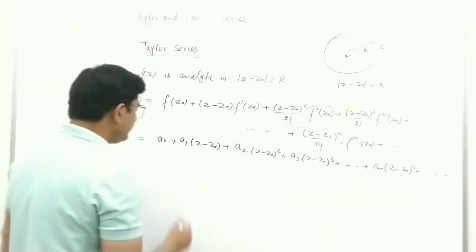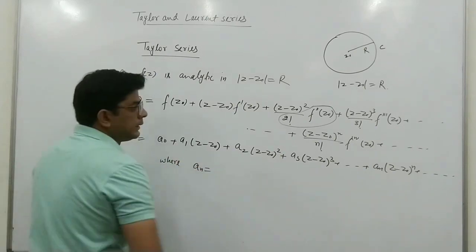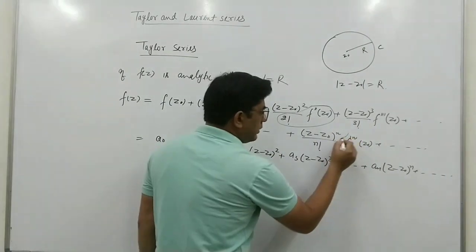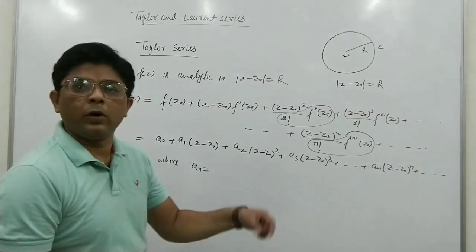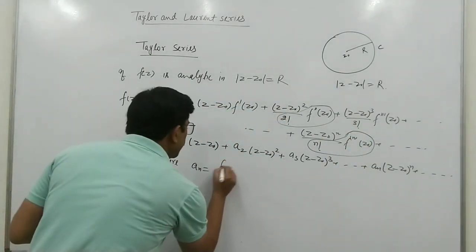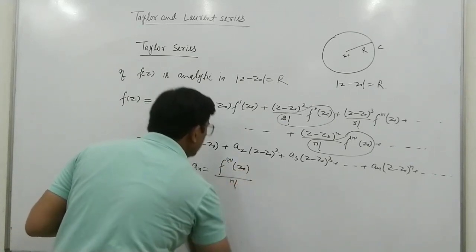Where an is the nth derivative at z0 upon n factorial.